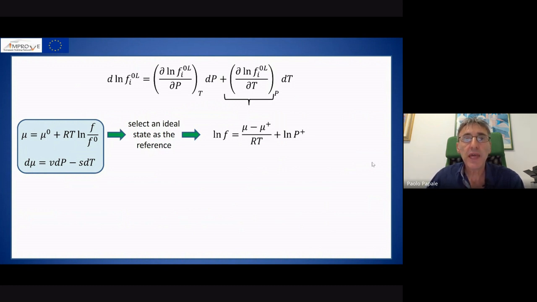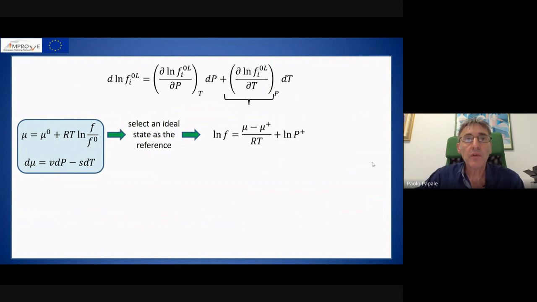Thus, the fugacity f0 corresponds to ideal conditions where fugacity and pressure correspond, and it is substituted with P plus, that is, the reference pressure where the system behaves ideally. Similarly, μ0, the chemical potential at reference conditions, can be written as μ plus, that is, the chemical potential at ideal conditions.